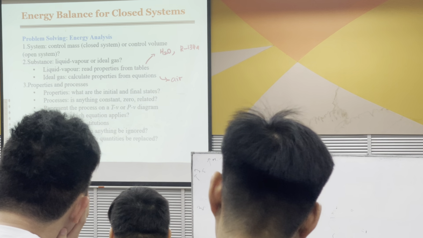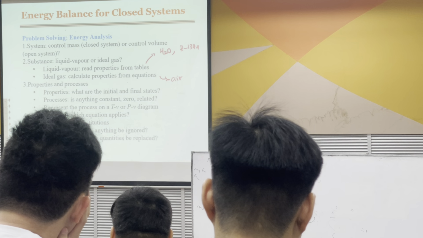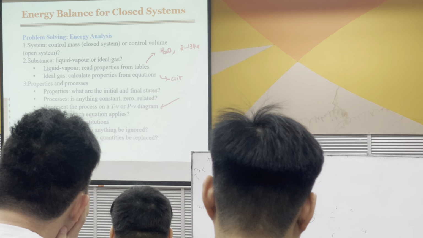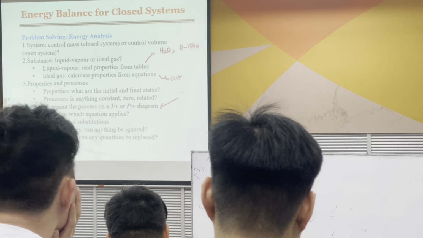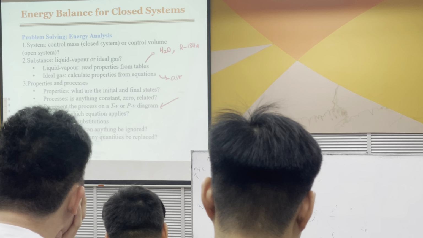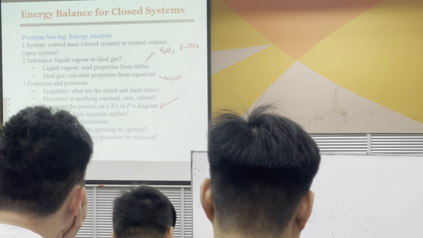And this is not a must step if the question doesn't ask you to draw any graph or diagram, you don't have to. But usually I find it helpful to illustrate it so that you know what process takes place in this case.